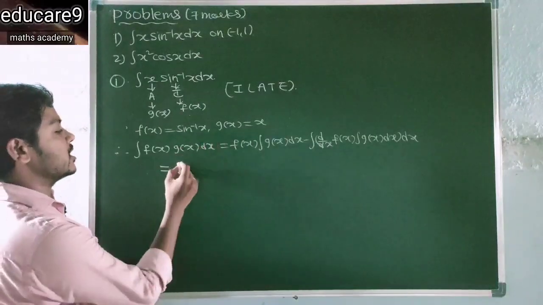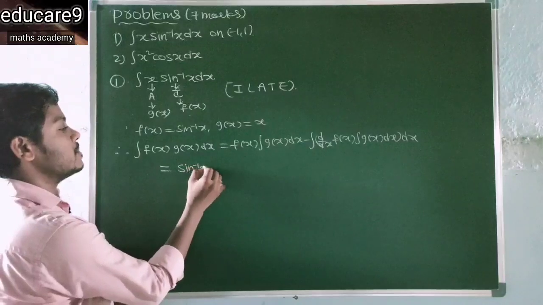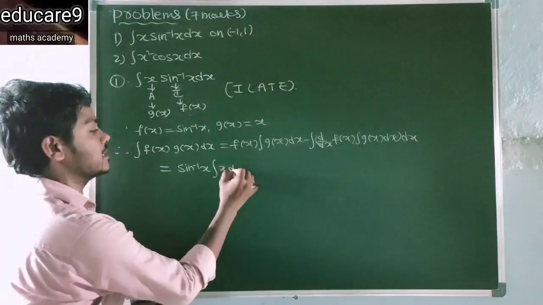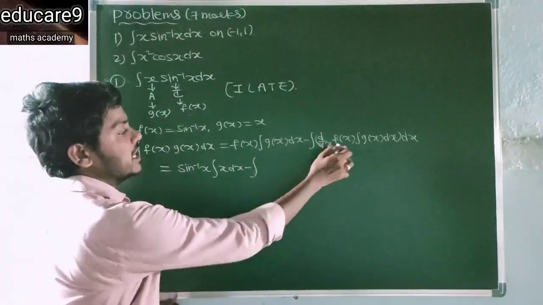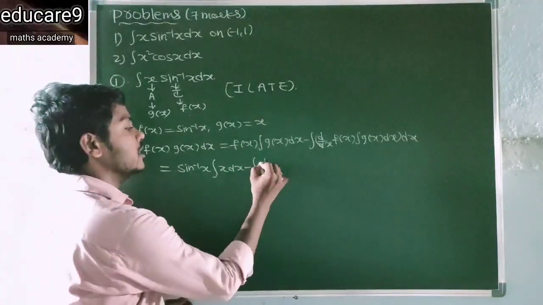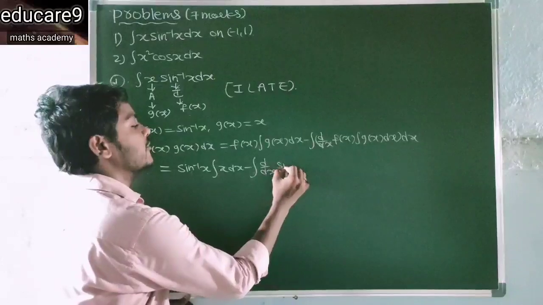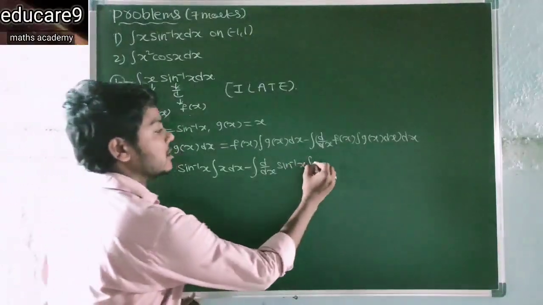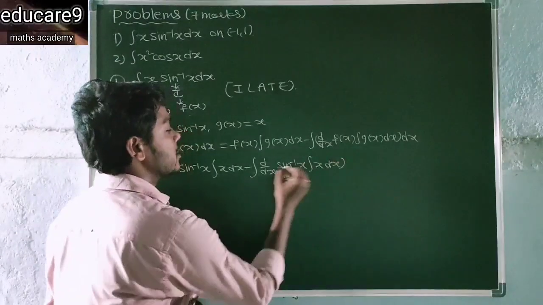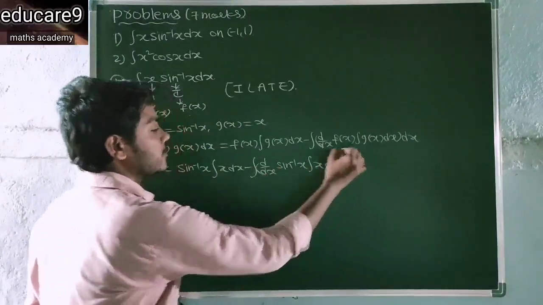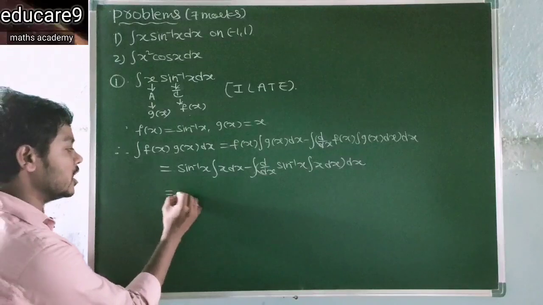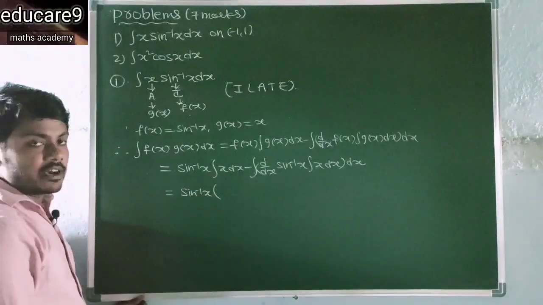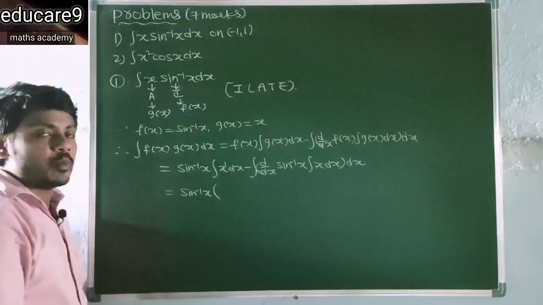Okay. Now substitute here, what you get? F of x, that is sin inverse x, integration of g of x, that is x dx, minus derivative of f of x, that is d by dx of sin inverse x, integration of g of x, that is x dx whole dx. Now this is what? Sin inverse x into integration of x, that is the x to the power of n formula.